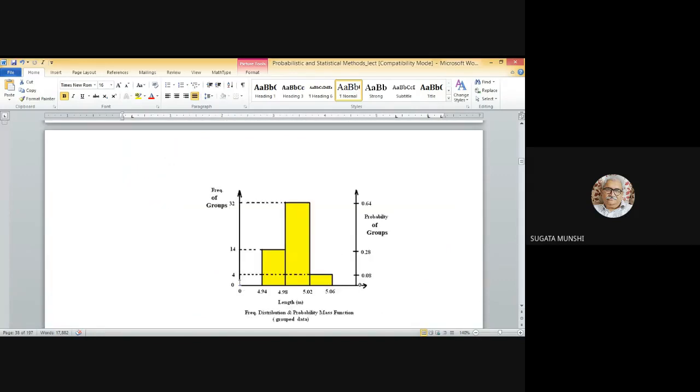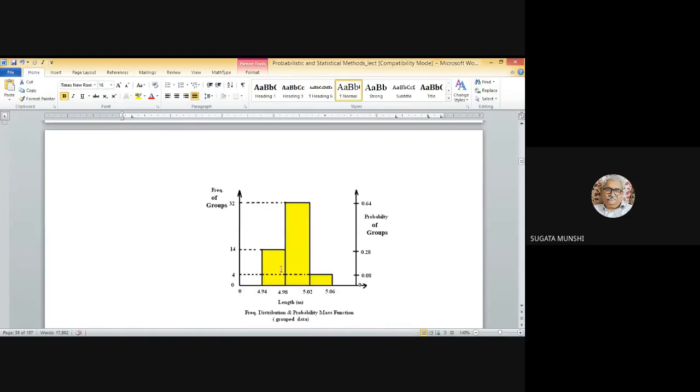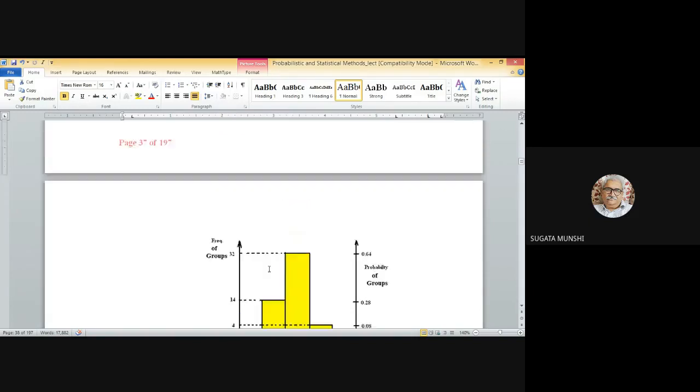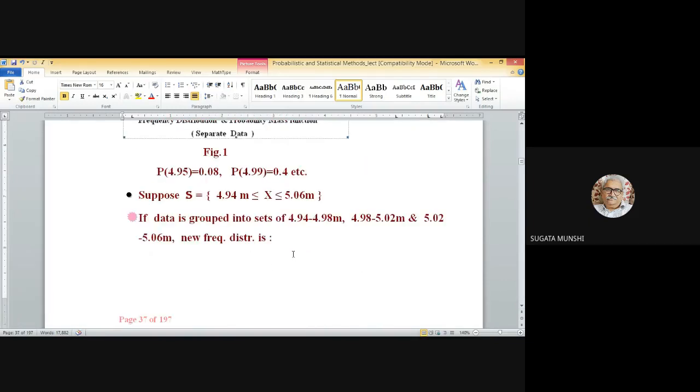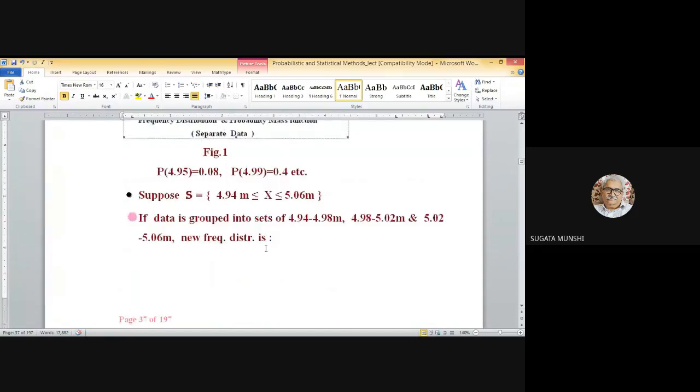That type of a plot. 4.94 to 4.98, that is one group. So this group, what is the frequency of occurrence of members belonging to this group? It's 14. Why is it 14? 4.94 to 4.98, that has been considered as a new set.